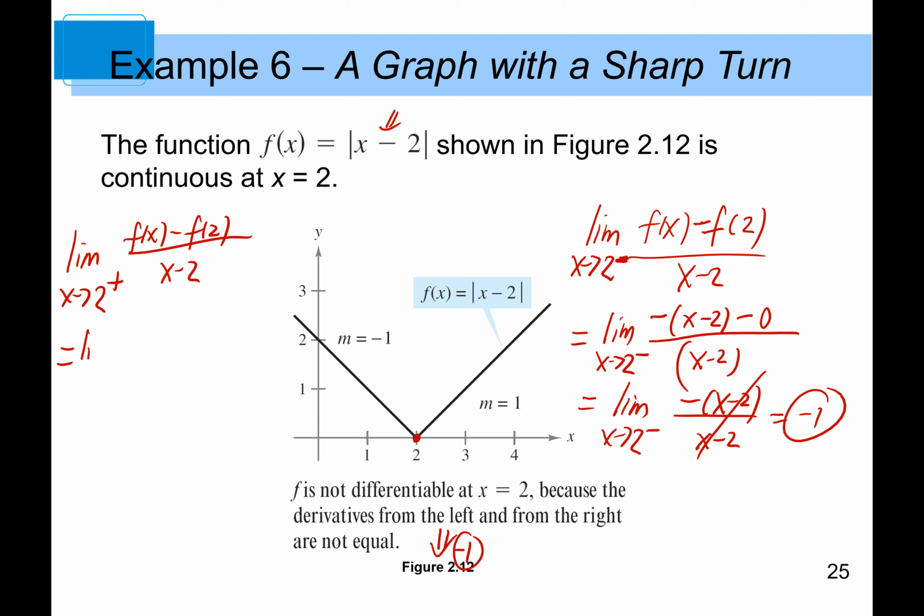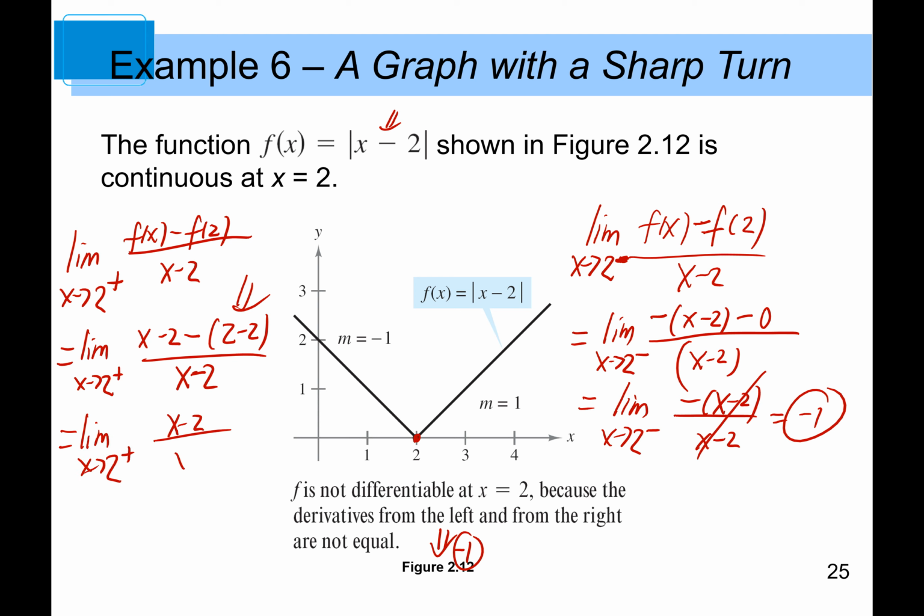So we have the limit as x approaches 2 plus of (x minus 2) minus f of 2, which is 0, over x minus 2. We cancel that and end up with 1. So from the right, the derivative is 1. The derivative from the left is not equal to the derivative from the right, so it's not differentiable.